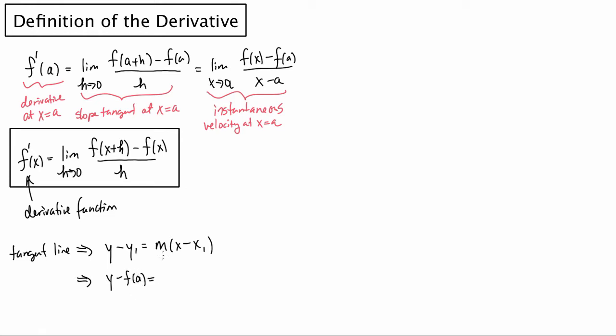The slope m is now given in terms of the derivative at the point a. So once again, this is the tangent line at x equal to a. x minus the original x value is a. So I can write the equation of the tangent line down immediately. The equation of a tangent line at the point a is simply given by this linear equation.